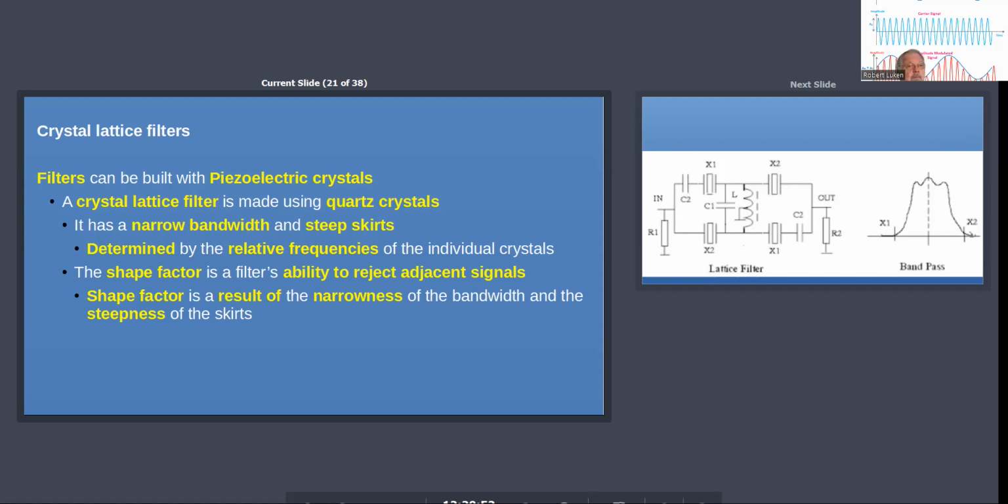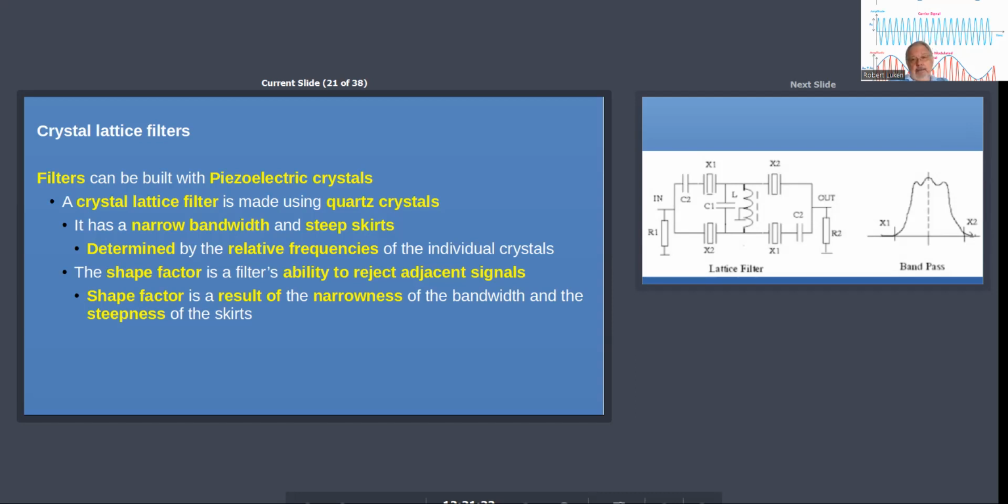And you make one by using some 2, 4, 6, 8, 10 piezo crystals that have very narrow bandwidth, and you select the frequencies of them to get the shape factor of the filter, the pass band. These are normally used for a bandpass type filter.